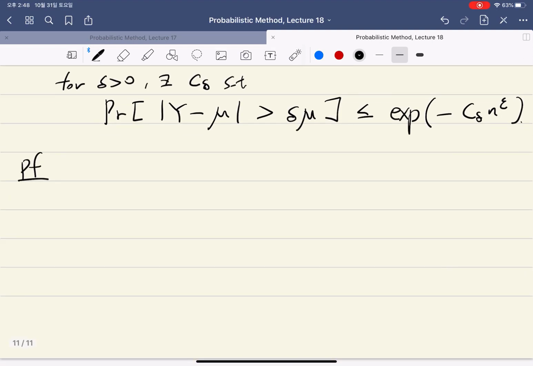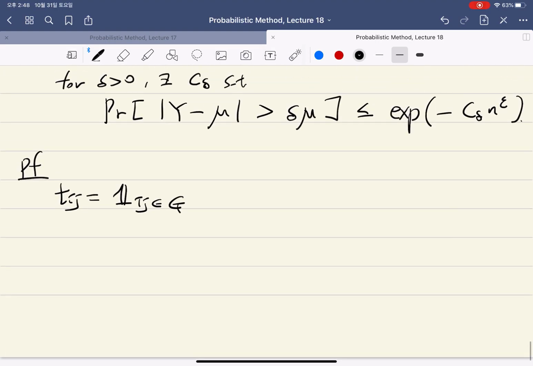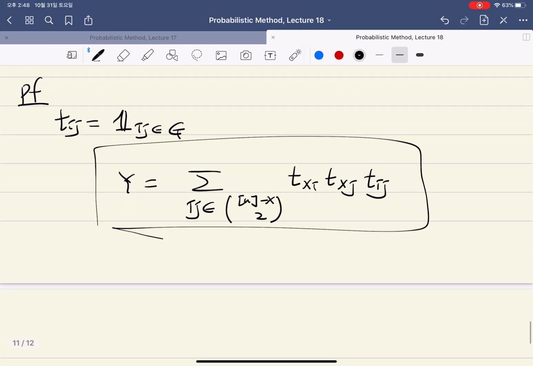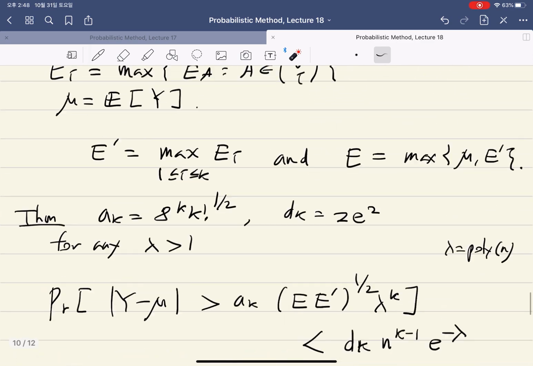Again, we consider the indicator random variable T_ij, which is the indicator function of whether this ij is an edge in G or not. Then Y is the summation over all the pairs outside of x. Recall that in our setting, these pairs are vertices in our hypergraph.